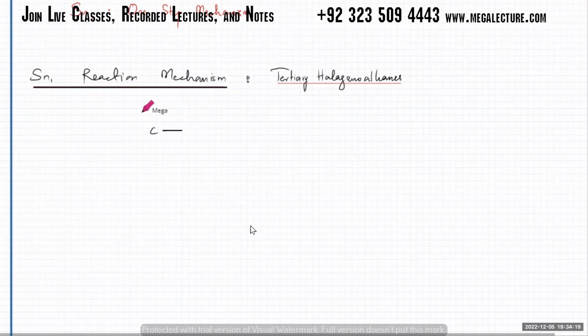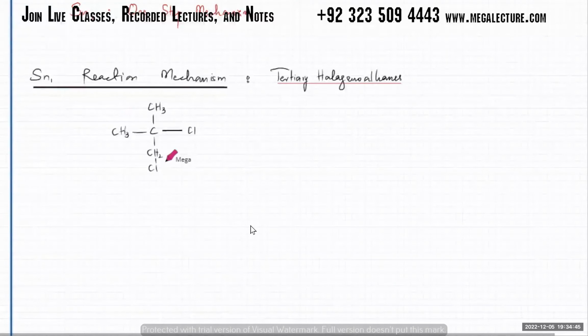So it's got a Cl on one side, and on the other sides it's got CH3 and another CH3 and another carbon chain. Let's say a bigger carbon chain, let's say it's got CH2, CH3 attached to it.